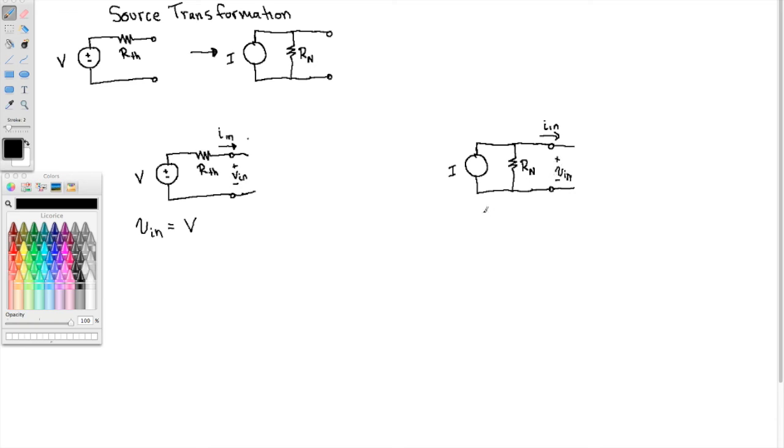So, that means the Vin here, the voltage that develops across this resistor, if the current is going up, then that current comes back down through the resistor, and Vin is equal to I times Rn.